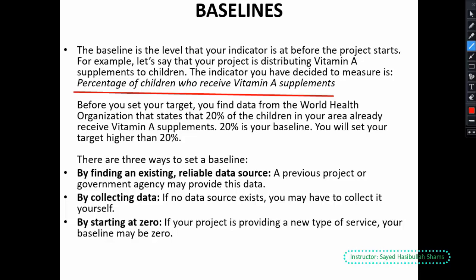And we have three ways to set a baseline. It's very important to set a baseline before setting the final target. The first way to set a baseline is by finding an existing reliable data source. It's really a good method, because it avoids the usage of our resources.